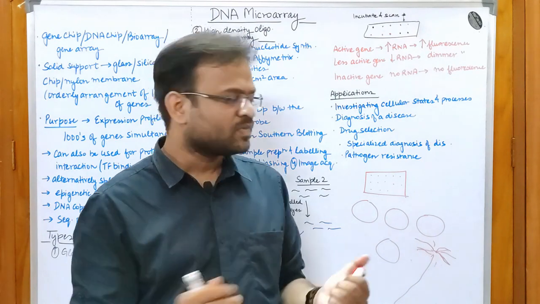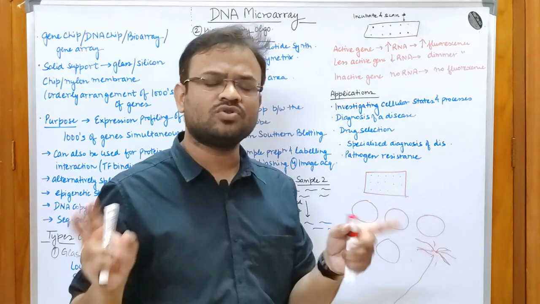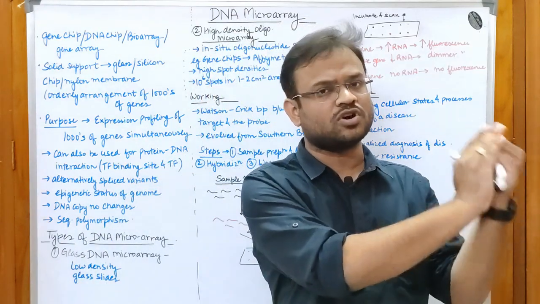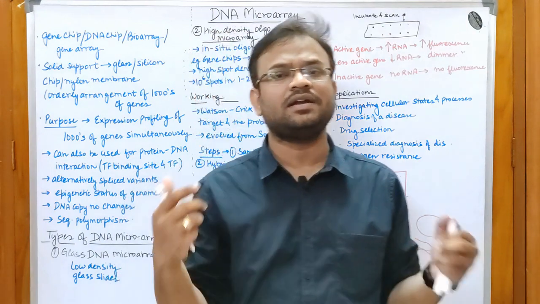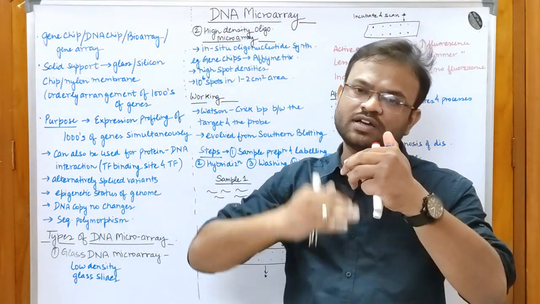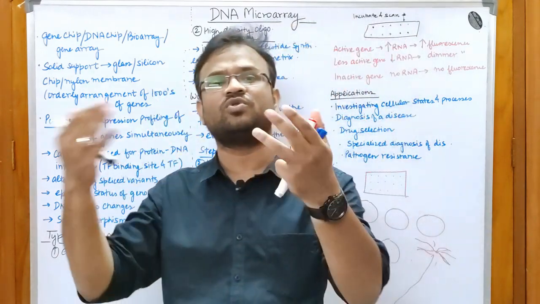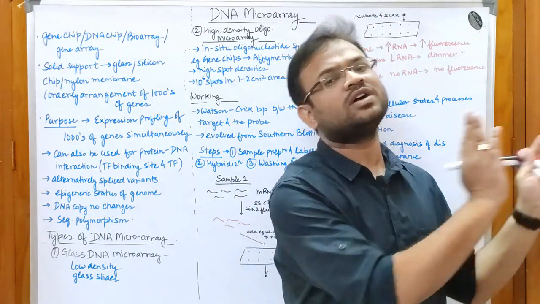I can compare the chips of those two individuals, and I can tell if any genes are overexpressed or underexpressed. Overexpressed means they are expressed more, underexpressed means that they are expressed less in comparison to a normal individual.